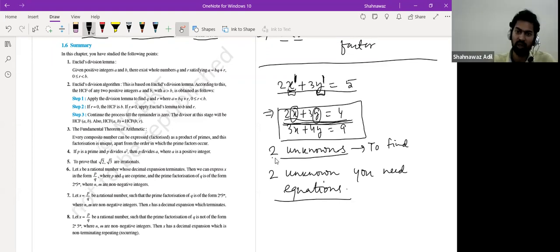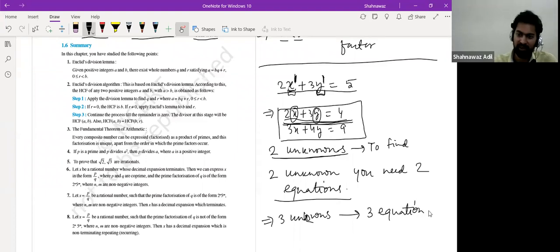So if you have two unknowns, you will need two equations. And if you have, let's say, three unknowns, then how many equations will you need? Three equations, right?